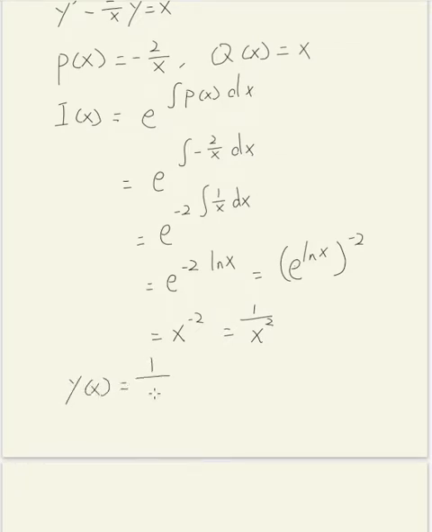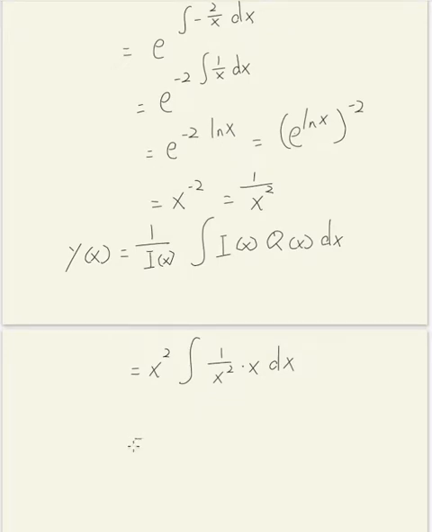Let me just rewrite the formula for y. Y is 1 over I of x times the integral of I of x times q of x dx. So if I of x is 1 over x squared, then 1 over I is x squared. So x squared times the integral of 1 over x squared times x dx.